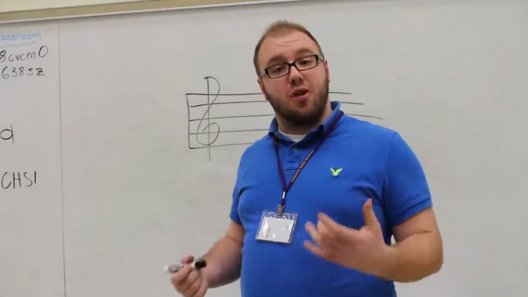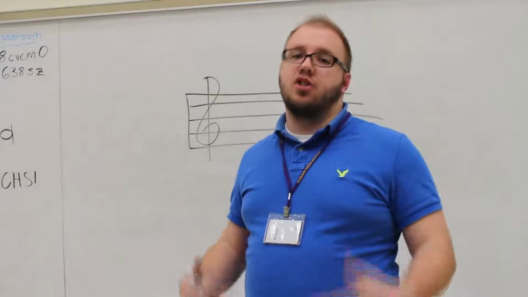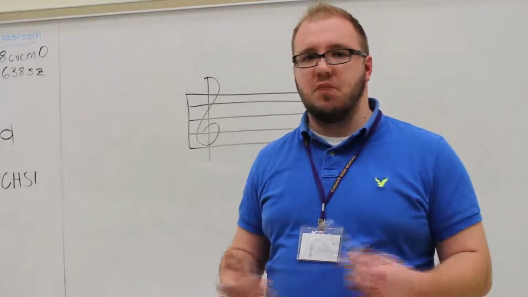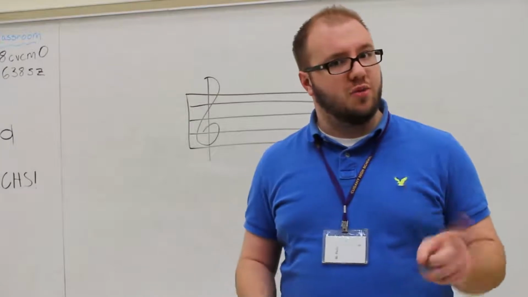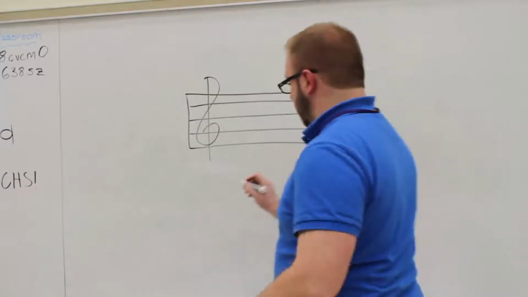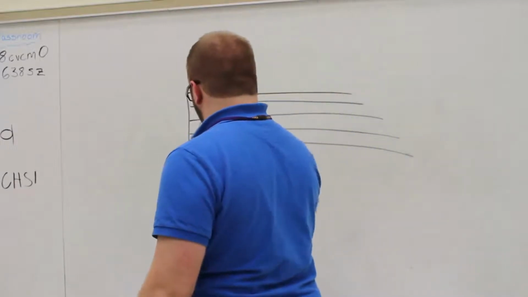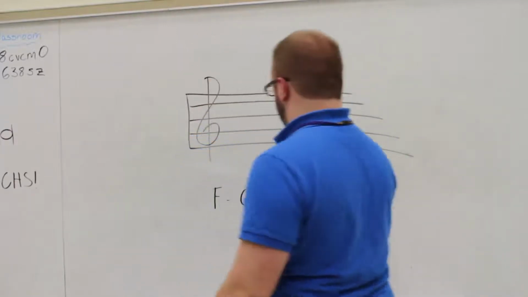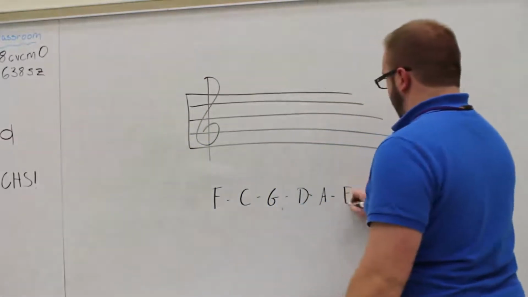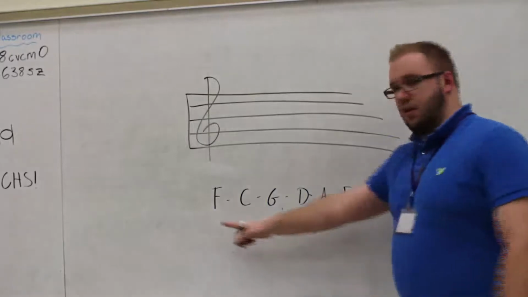So now let's construct a key signature backwards. Let's say we're wanting to write a piece in A major. So let's review again the mnemonic device for the sharps. Fuzzy cats get dirty after every bath.